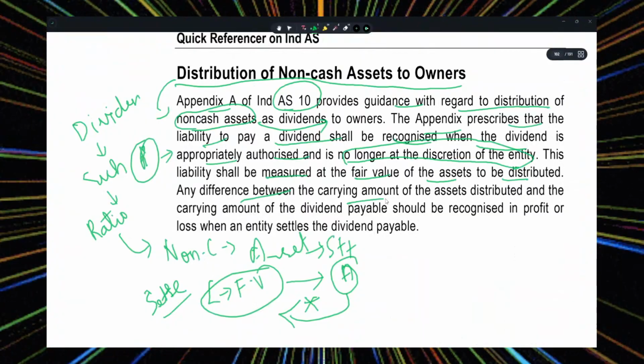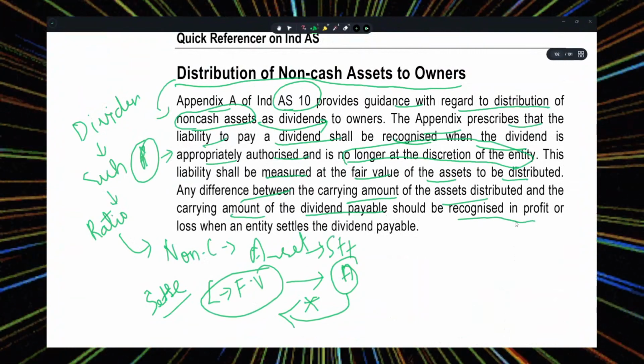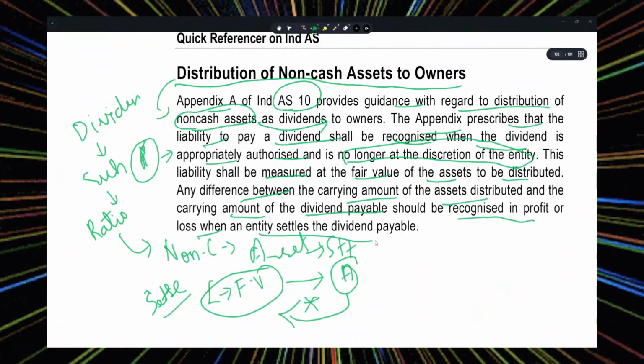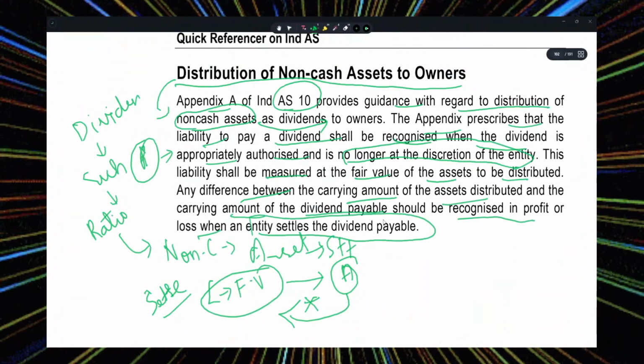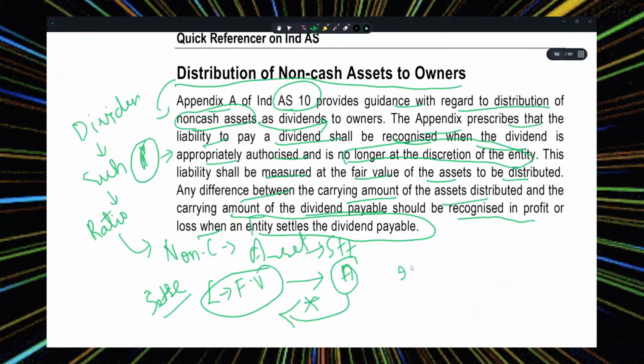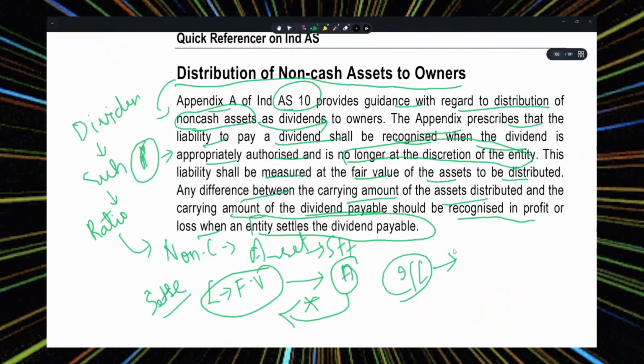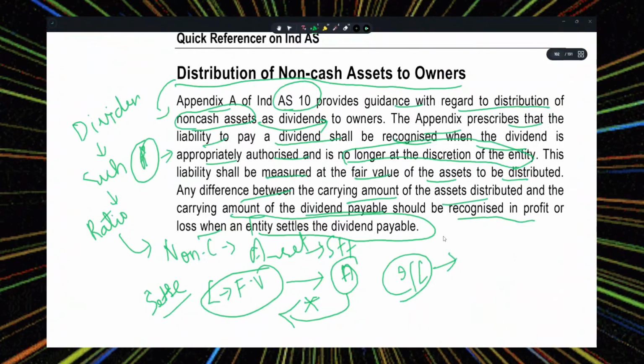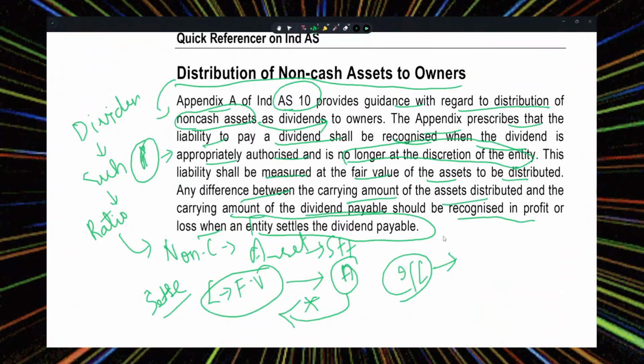Any difference between the carrying amount of the asset distributed and the carrying amount of the dividend payable should be recognized in profit and loss when the entity settles the dividend payable. So how should they recognize it? They should recognize it in the P&L account. You should not directly charge it to the dividend.